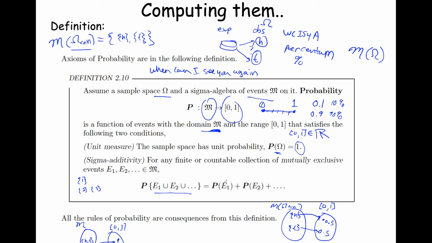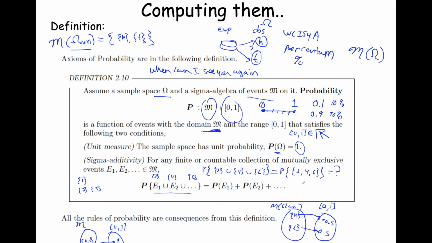That's interesting. So that means if event 1 is the outcome 2, event 2 is the outcome 4, and event 3 is the outcome 6, and I want the probability of the evens, well, that's the union of event 2 with event 4 with event 6. That union is the same as saying the event {2, 4, 6}, which is how I construct the evens. If I want that probability, how do I do it?